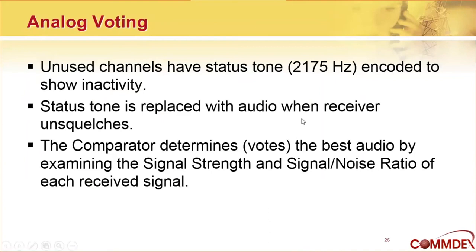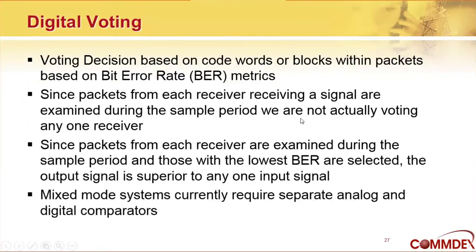So in the digital world, we do it different. We don't have signal to noise ratios in digital, and signal strength is not a good indicator of signal quality. So we will base our decision on looking at packets within the digital signal and look at the bit error rate metrics.